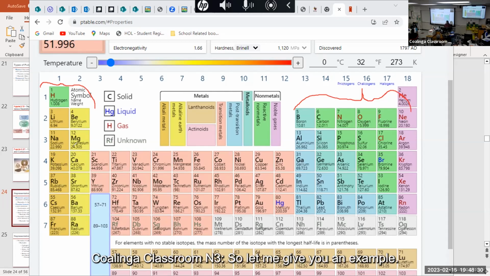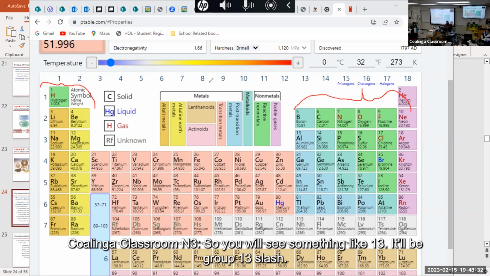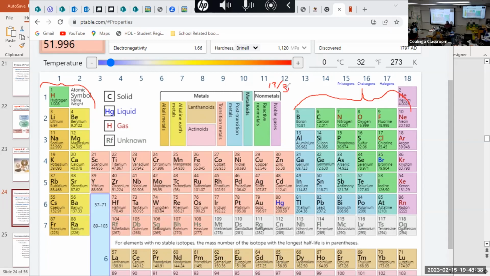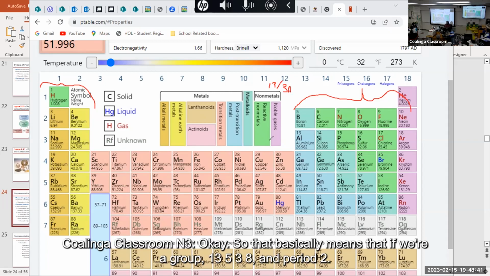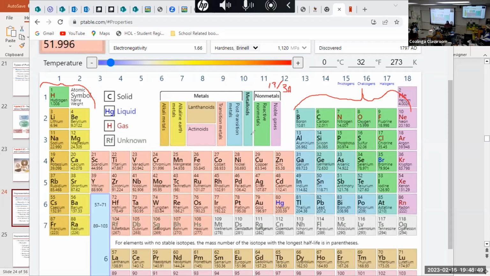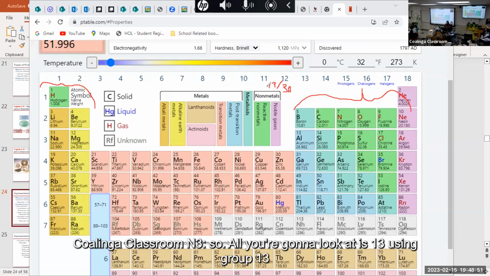So let me give you an example. You'll see something like group 13 / 3A. That basically means that if we're in group 13 / 3A and period 2, all you're going to look at is group 13.